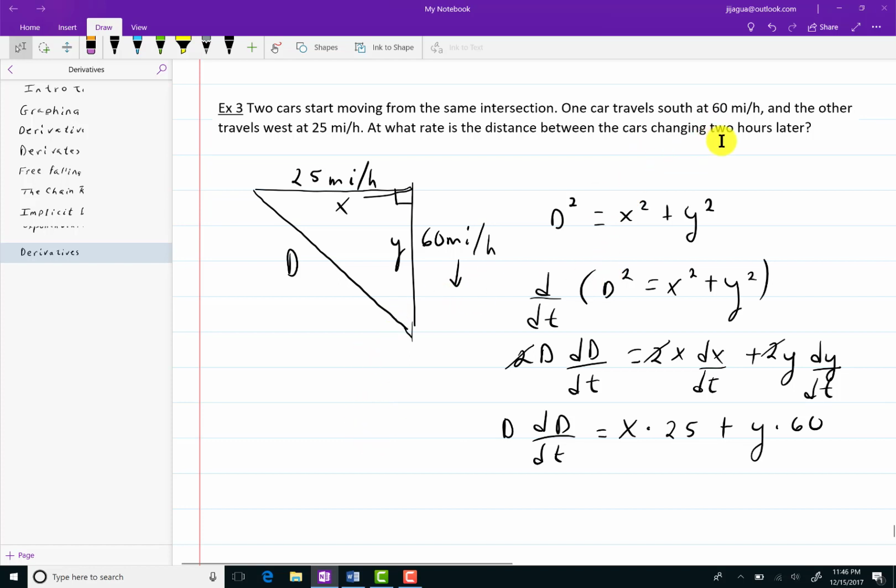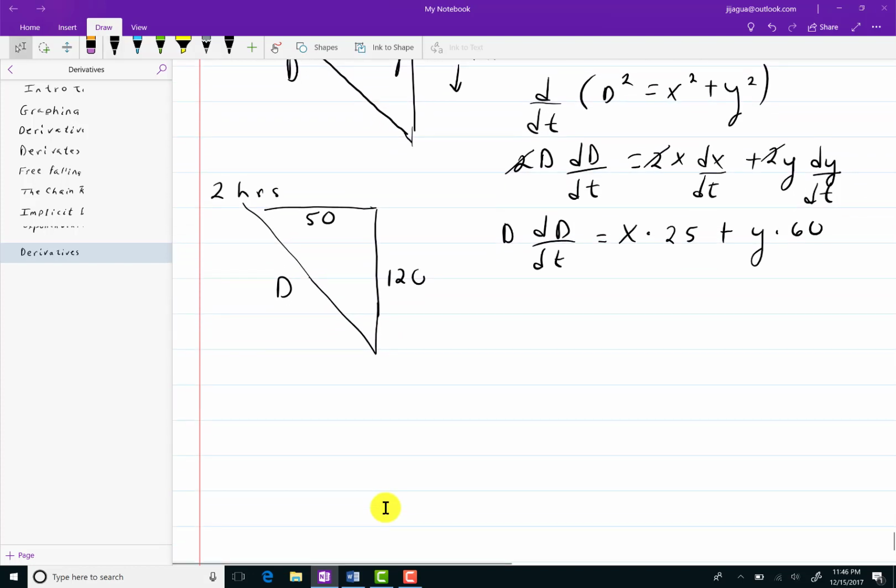So when that is 2 hours, here's the kind of picture we have. Y is going 60 miles an hour for 2 hours. It would go 120. X would have gone 50 miles. And then D, I would have to use the Pythagorean Theorem to get that.